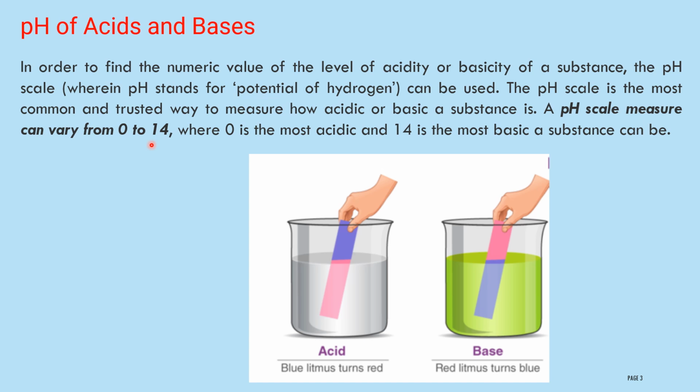The range of the pH scale will be 0 to 14, where 0 is the most acidic and 14 is the most basic a substance can be. If you are getting a value 0, then it indicates the substance is more acidic. If pH is 14, it indicates the substance is most basic in nature.